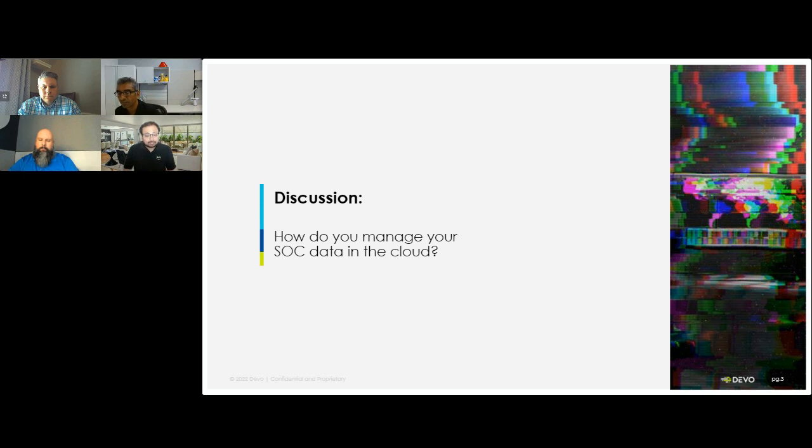Well, AWS is continuously innovating. We have been launching new capabilities and new services in the cloud continuously. There are a lot of services that help customers with their security posture in the cloud. For example, there's Security Hub, which gives an overview of their entire security posture in the cloud.